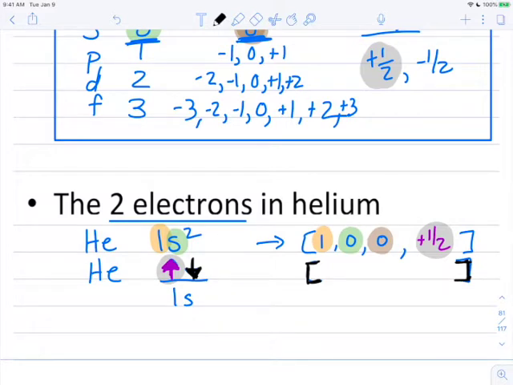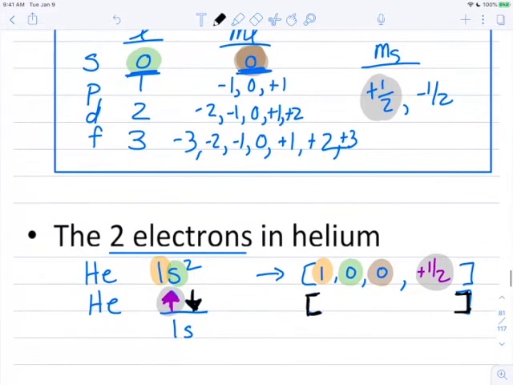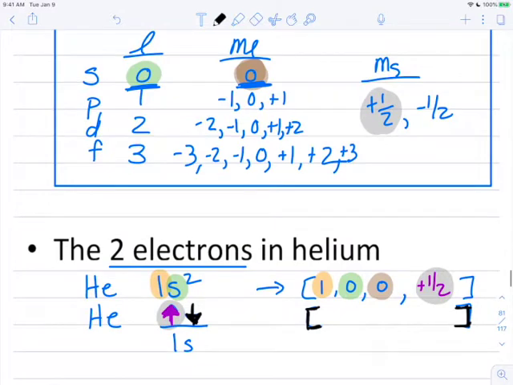So find the 4 numbers that correspond to it. When you've got those 4 numbers, go ahead and type it into the chat box.